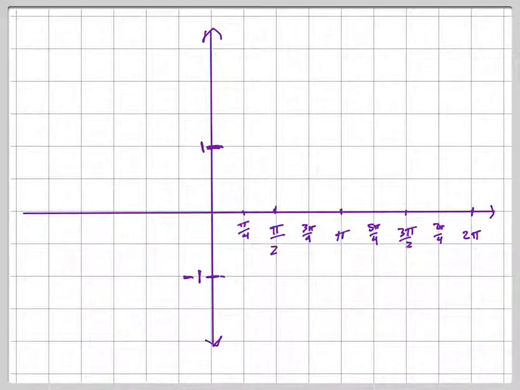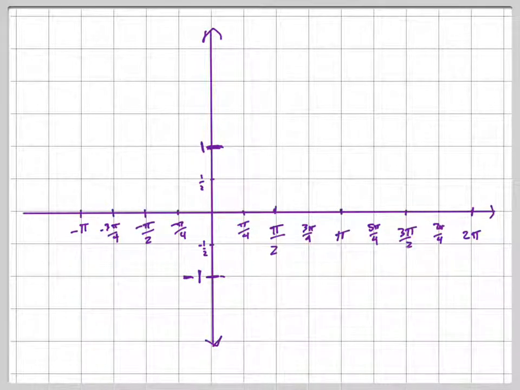Now I'm counting on a grid instead of around the unit circle. So this is negative pi over 4. This is negative 2 pi over 4, which is negative pi over 2. This is negative 3 pi over 4. This is negative 4 pi over 4, which is the same as negative pi, etc. And here's 1/2, here's negative 1/2.